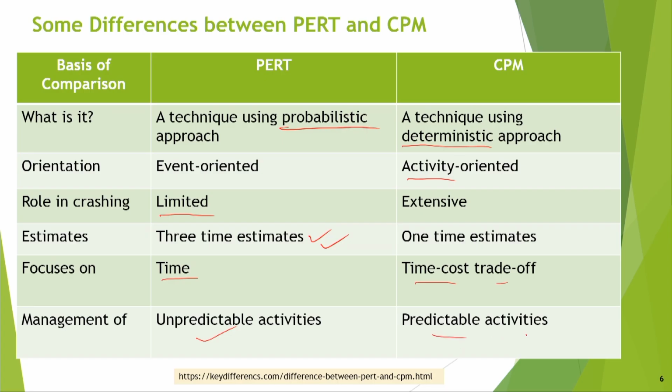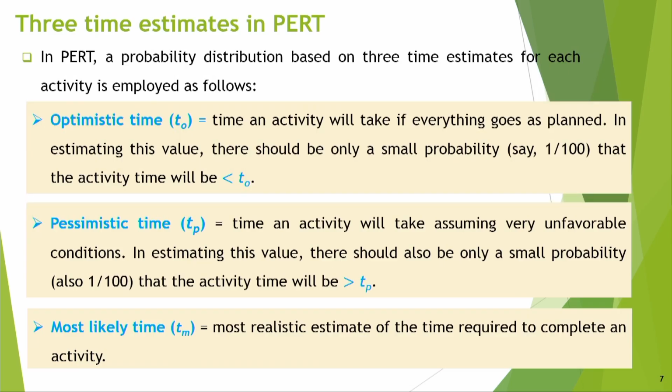Okay, and CPM is used for predictable events. Okay. So, anyway, you can see the related sites where you can find some discussion, but you have to take all the discussion or any type of things with a pinch of salt, because it may be different in different sites, with slightly differing viewpoints. Okay. So, anyway, you can see this site keydifferences.com, difference between PERT and CPM.